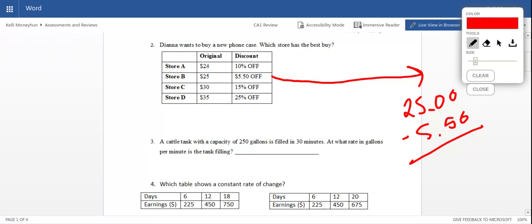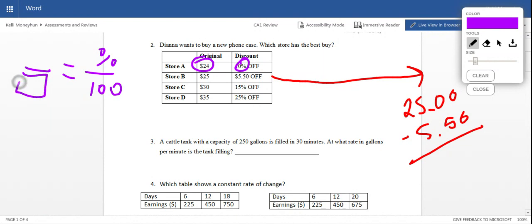Okay, for the rest of them, you're gonna have to set up proportions because percent means proportion. Okay, your percentage is always gonna go over your 100, and then your original price will always go here on the bottom.